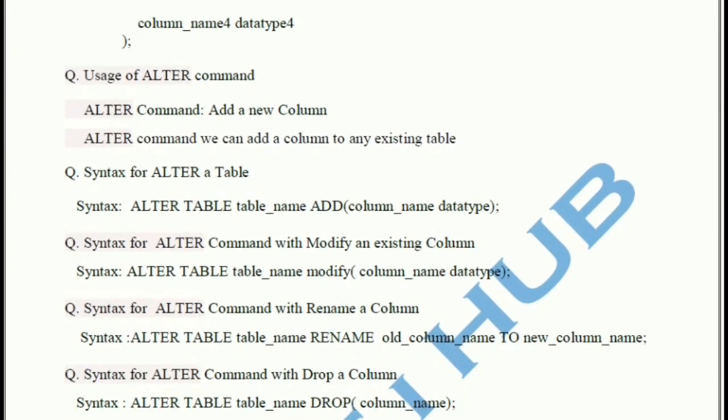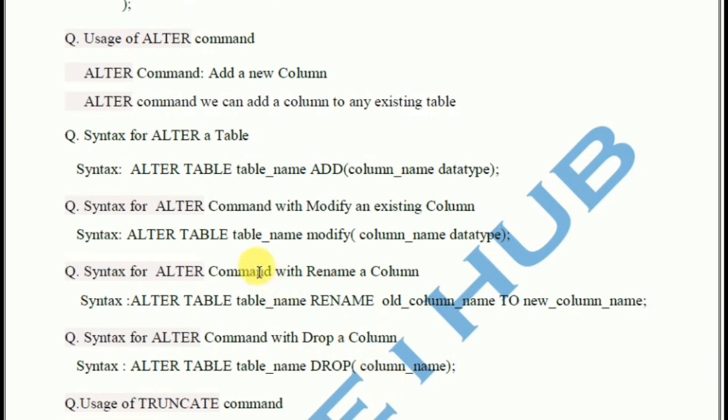Alter command, see alter command. We can use the alter command in multiple ways. We can add, and alteration we can use for modify, for rename, for drop. Here I give the syntax for each and every alteration. Syntax for altering a table: alter table, table name.